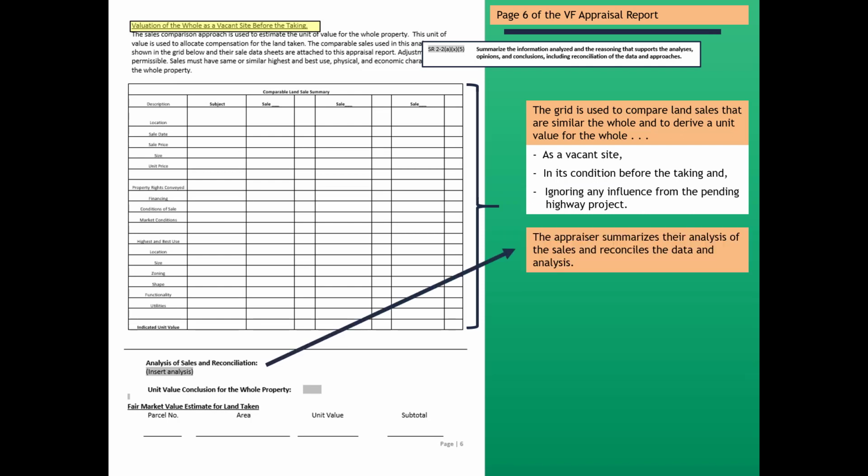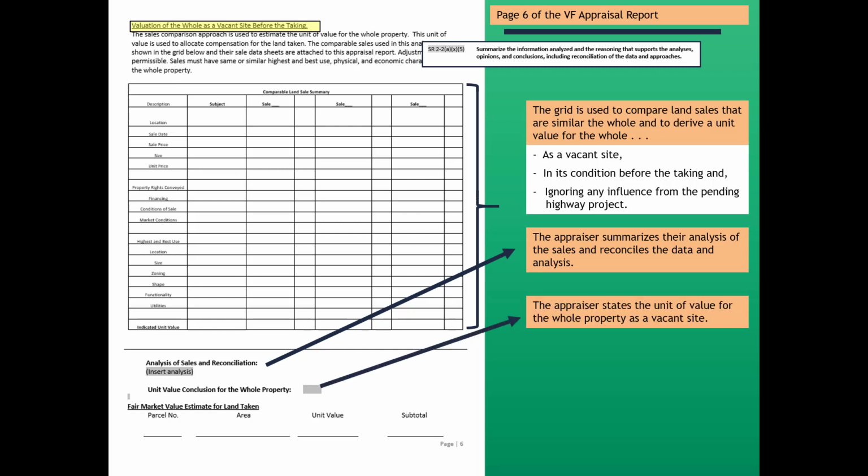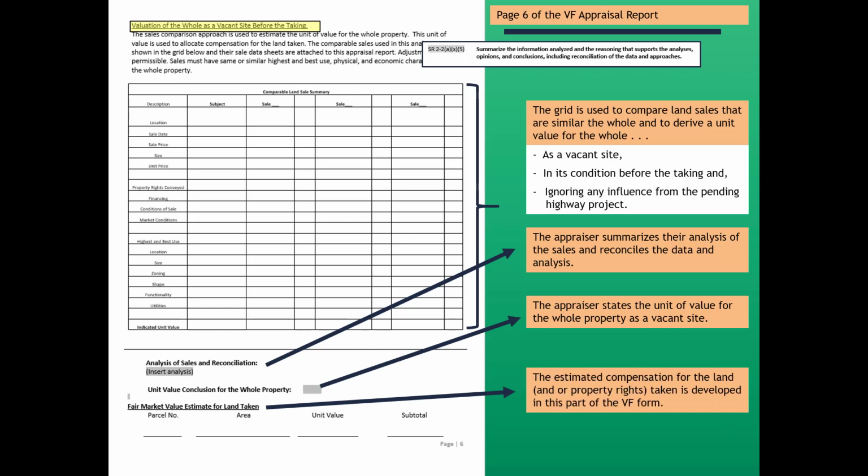The appraiser summarizes their analysis of the sales and reconciles the data and analysis in this area below the grid. And ultimately, the appraiser is going to conclude and state the unit of value for the whole property as a vacant site, which is then followed by the estimated compensation for land or property rights that are taken, developed in this part of the form.